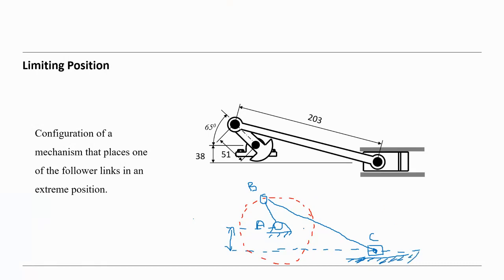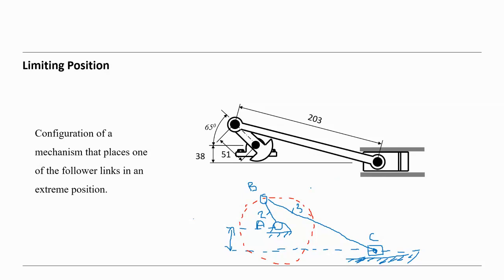So we achieve the limiting position if we bring the crank and coupler in line. This is member 2 and this is member 3, and we bring them in line like this.